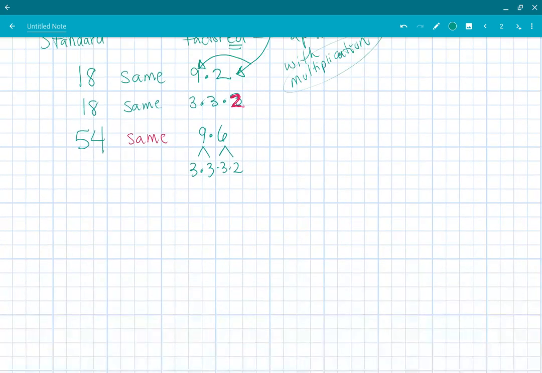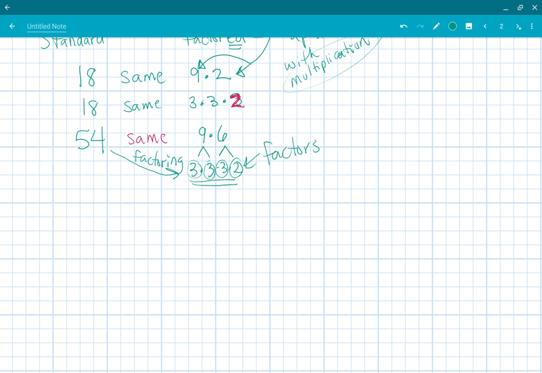All right. So when you break apart 54, you are factoring it. And what are these numbers called? They're called factors. Now, as a kid, this would blow my brain that everything's called factor.